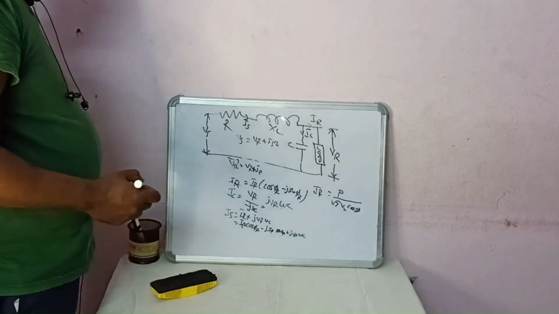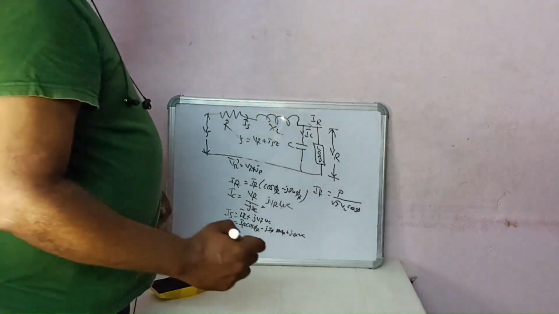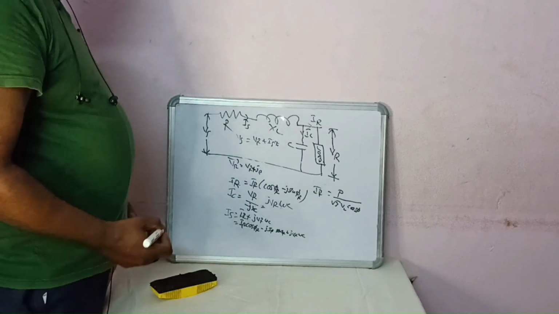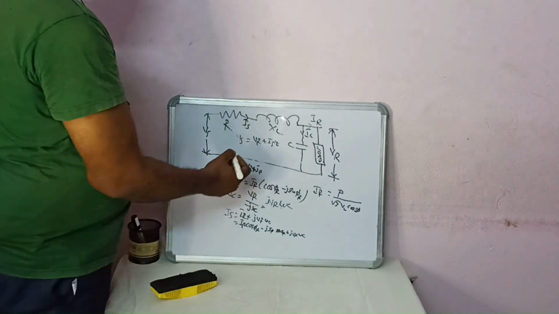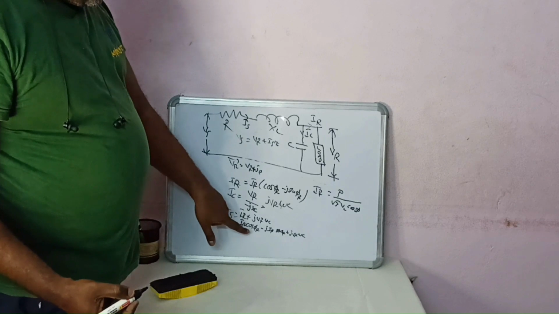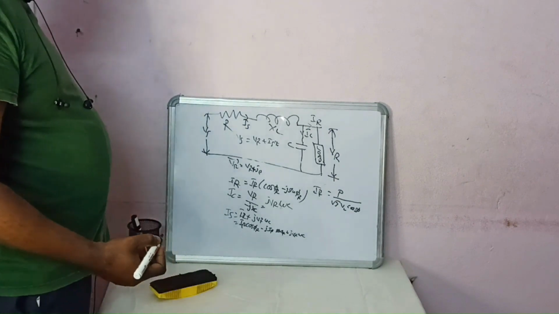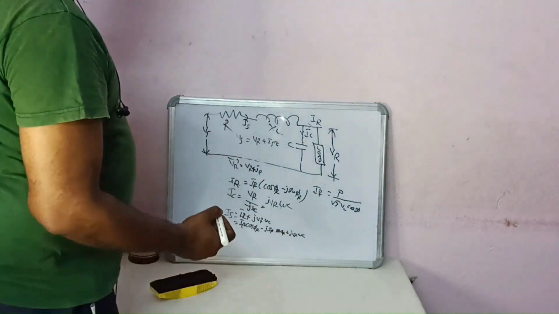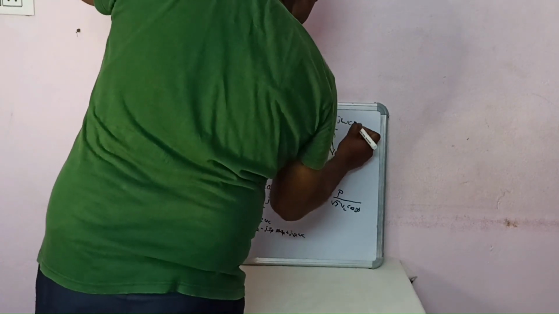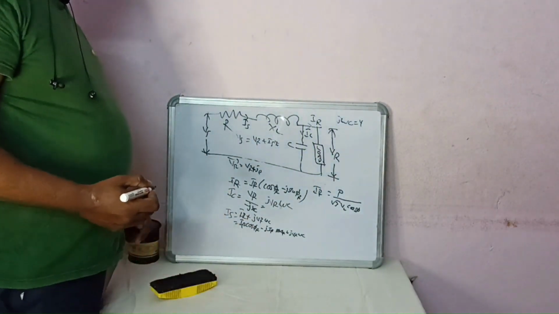After calculating the value for Is, the value for Vs can be obtained in such a way that Vs is equal to VR plus Is into Z, whereas Is is defined as IR cos phi r minus j IR sin phi r plus j VR omega C. For your reference, j omega C can be taken as Y. Y is called my admittance.